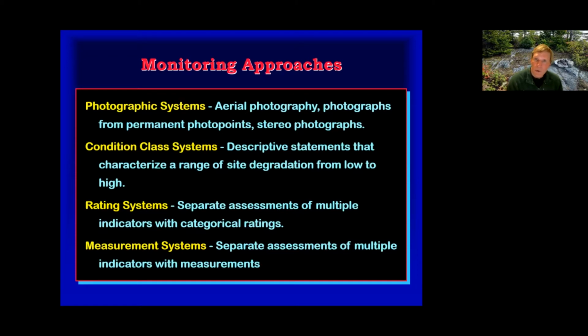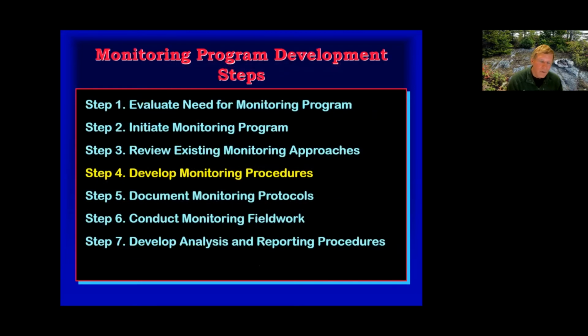And so typically we use things like condition class ratings or a rating system, like I mentioned before. For campsite size, it might be 0 to 500 square feet, 500 to 1,000 square feet. And so you just pick the category and the rating that applies to that campsite that you're assessing. Again, measurement procedures where you actually measure the size and then record that size, not a rating, has always been my preference, but again, I'm a scientist.